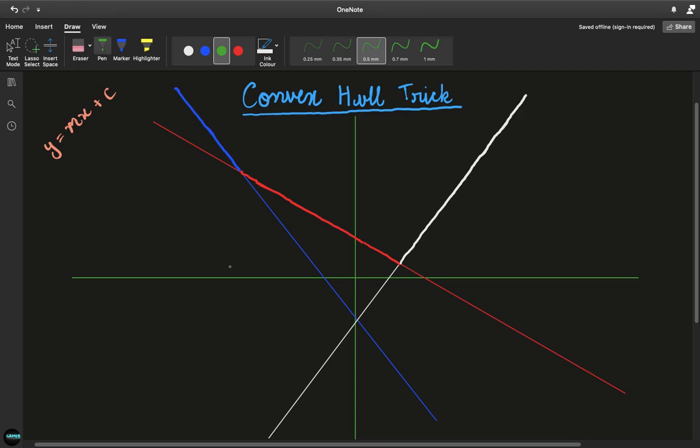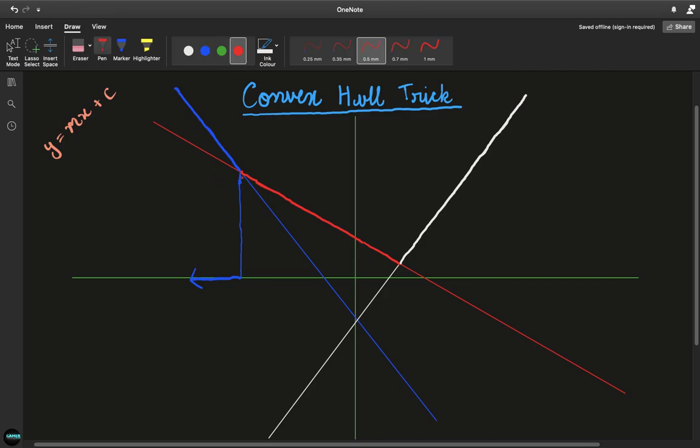Let's say for every x value, we want to find the maximum y value we can get. So if you look at this range of x values, considering we have these three lines till the end, from this point, for every query, if we query some x value, we'll get some y value corresponding to this line, which we can see is the maximum for any line lying in this area.